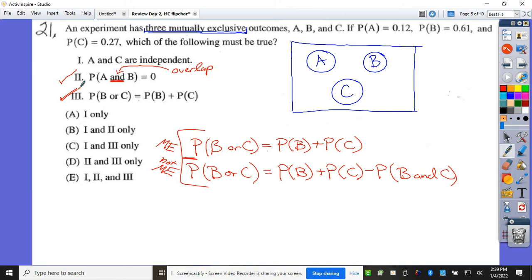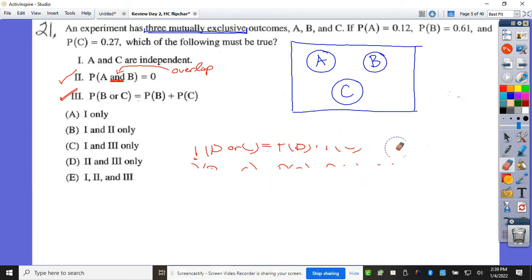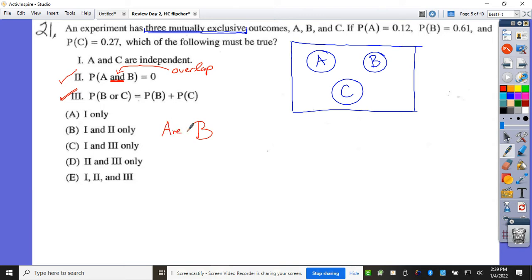And this is the one where I understand, especially coming off break, and I told you don't look up or review anything, that some people just forgot what to do there. Alright, so how do we tell if A and C are independent? If I want to know if 2 events are independent, I check to see if what?